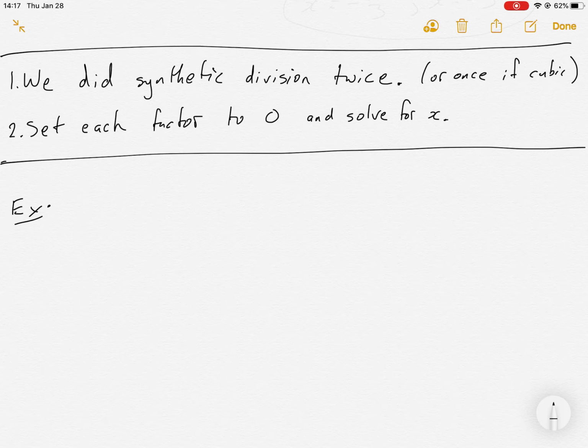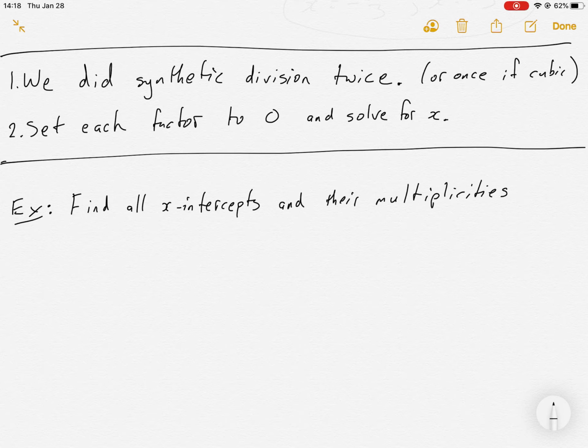So like I said earlier, let's go ahead and do one more full-length problem. Let's say that we want to find all x-intercepts and their multiplicities of the function p of x equals 4x to the fourth plus 3x cubed minus 33x squared minus 40x plus 12.